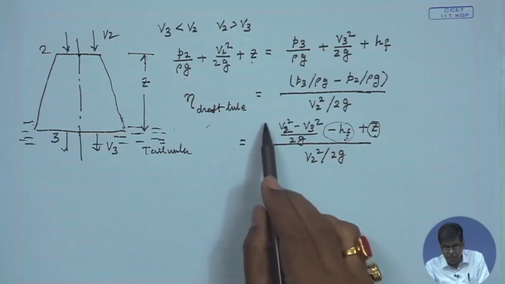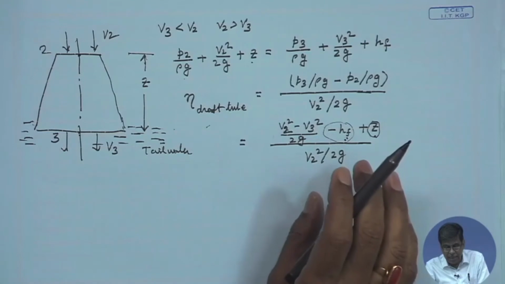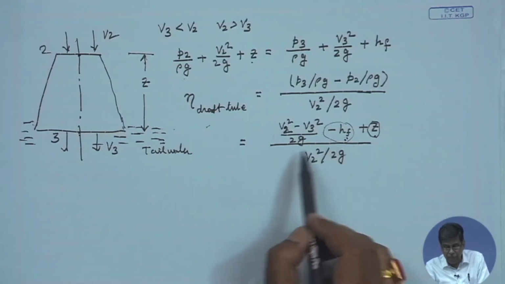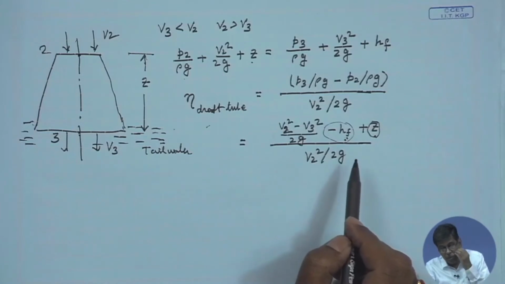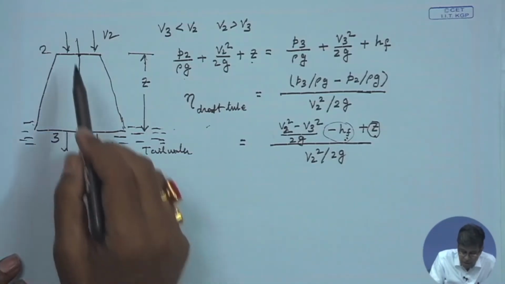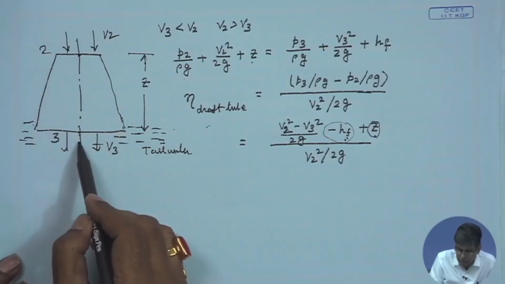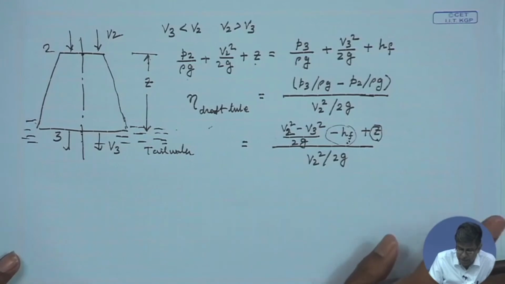So, this is the definition of draft tube efficiency. So, designing a draft tube, we have to be careful that the efficiency should be high, so that we can have an efficient operation of the draft tube in utilizing the head, effective head of the turbine.